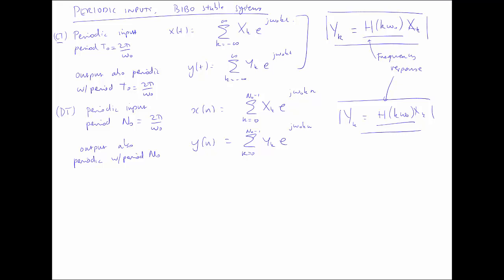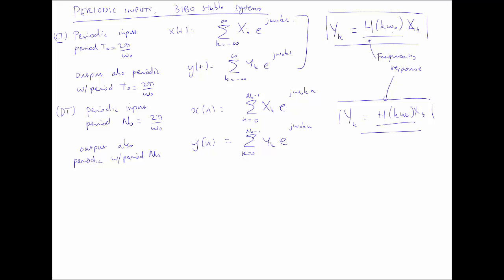So what have we seen? We've seen an input-output formula in the time domain by convolution. We've seen input-output formulas for aperiodic inputs and BIBO stable systems via the Fourier transform. We've seen an input-output formula for periodic inputs and BIBO stable systems via Fourier series coefficients that relates the Fourier series coefficients of the input and the output, and again uses the frequency response.